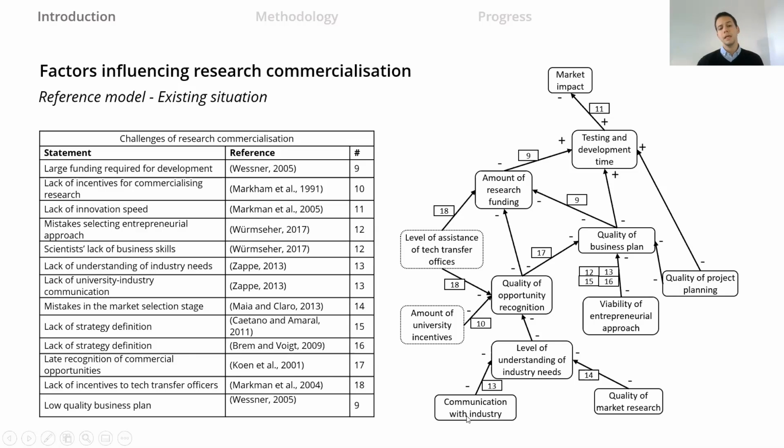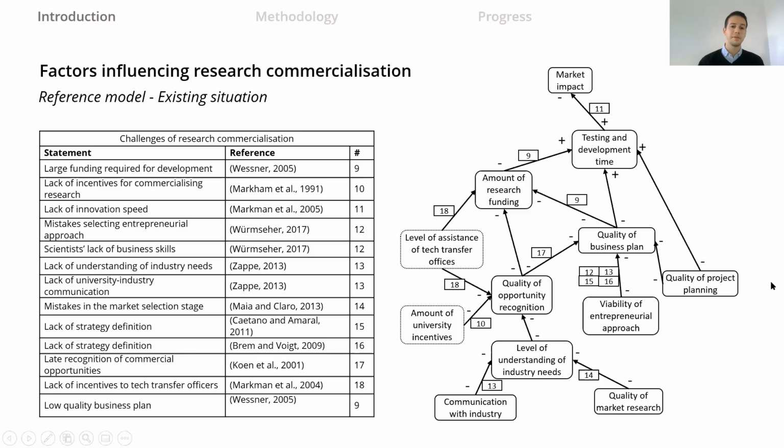So, for example, if there is low communication with industry, then it means there's going to be a low level of understanding of industry needs, and therefore there's going to be a low quality of opportunity recognition. So everything in the base that is done poorly is going to affect the results.